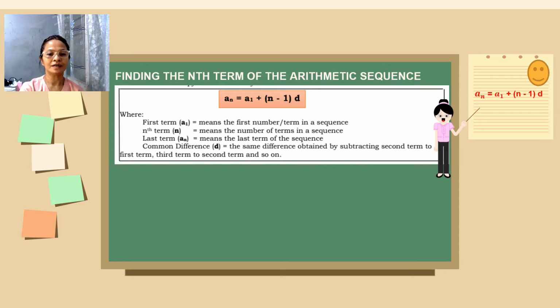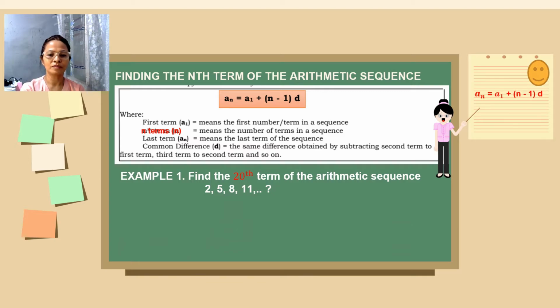Our d here is the common difference, and our a sub 1 represents the first term. It means the first number in a sequence. And n means the number of terms in a sequence. A sub n means the last term of the sequence.